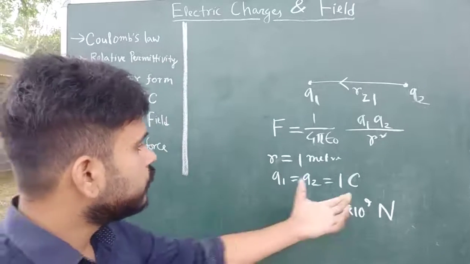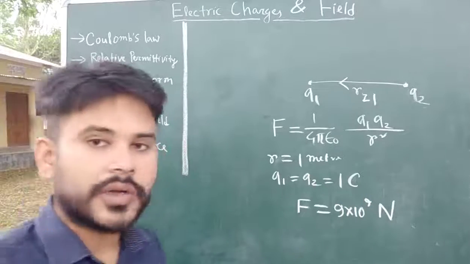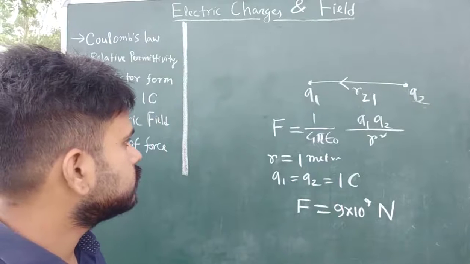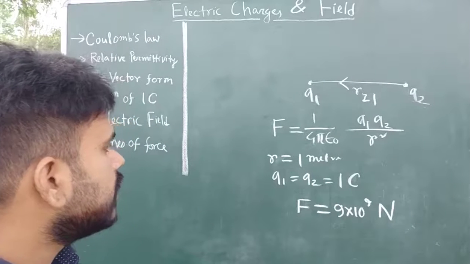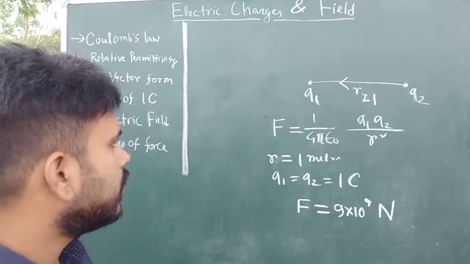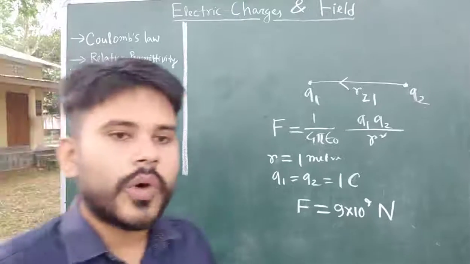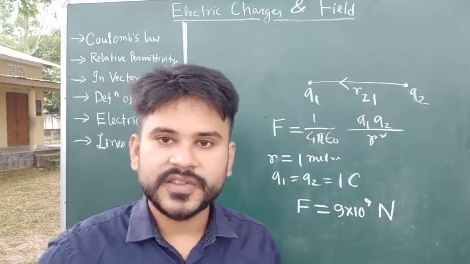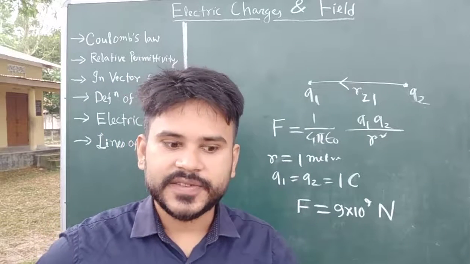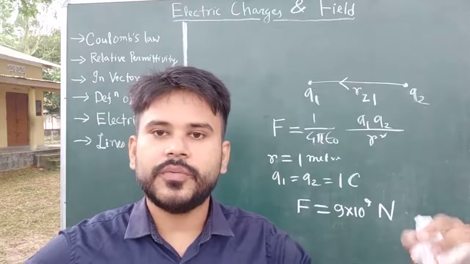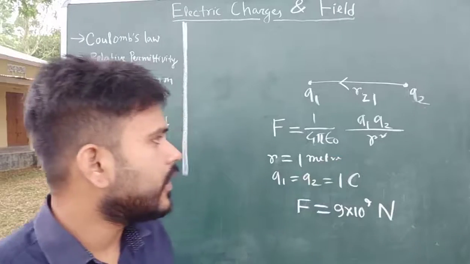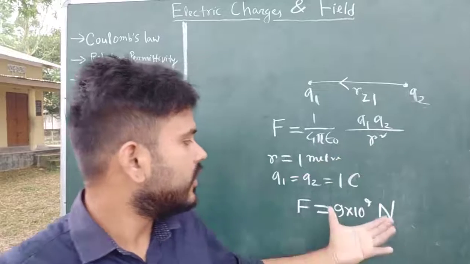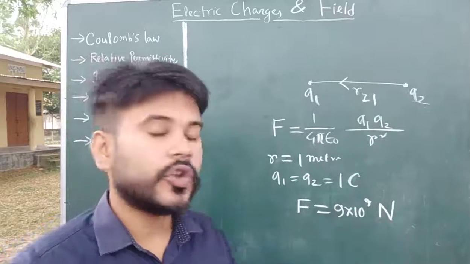So now we need to define 1 coulomb. How can we define 1 coulomb? 1 coulomb is the charge such that if two such charges are placed at a distance of 1 meter, they will repel each other with a force of 9 into 10 to the power 9 Newton.